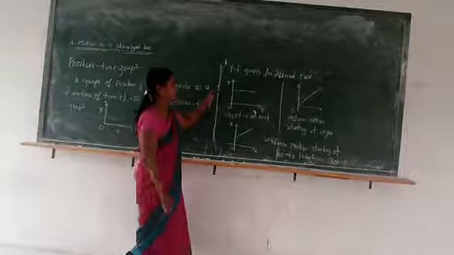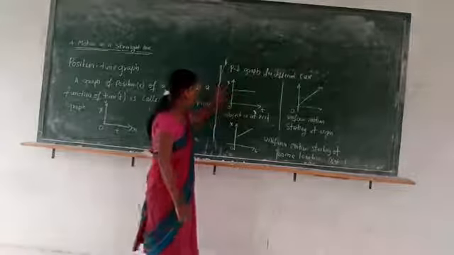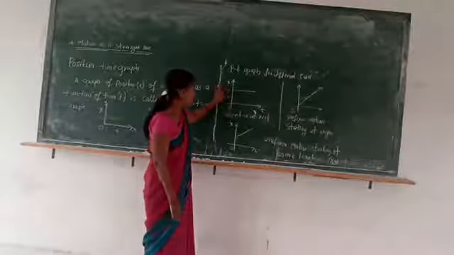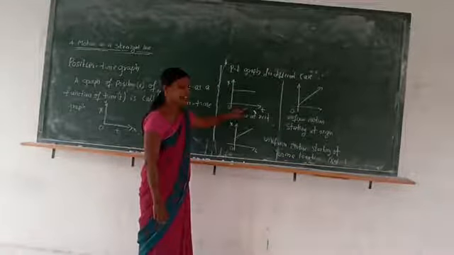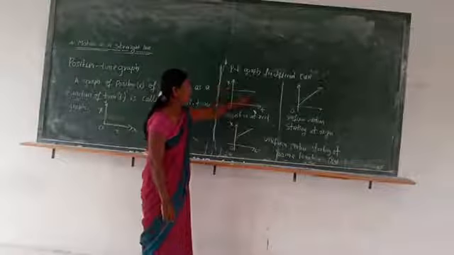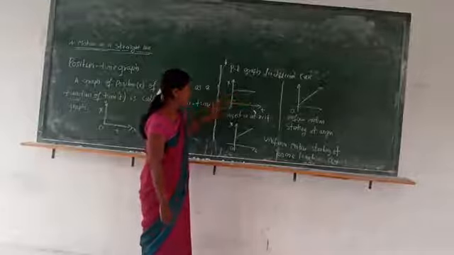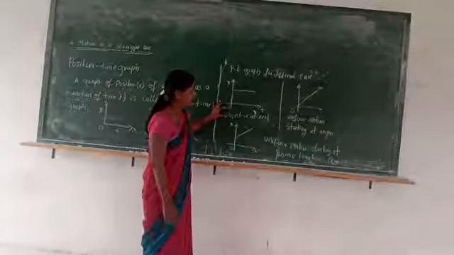So, PT graph for different cases. This is a graph of position and time. This graph represents a straight line, which represents the object is at rest.